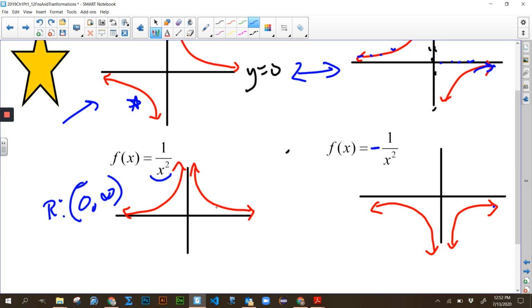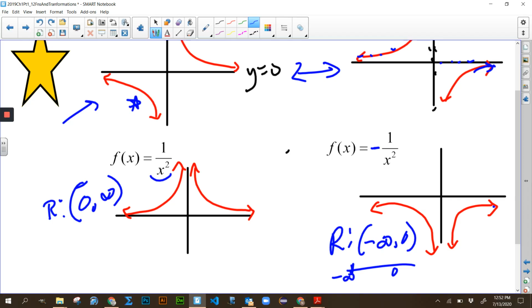The domain is still all reals except for 0, but the range is going to be from 0 to infinity. Here, the range will change. It's going to be from 0 and then go down to -infinity. Remember which one goes first? The -infinity goes first because on a number line, it's further to the left.